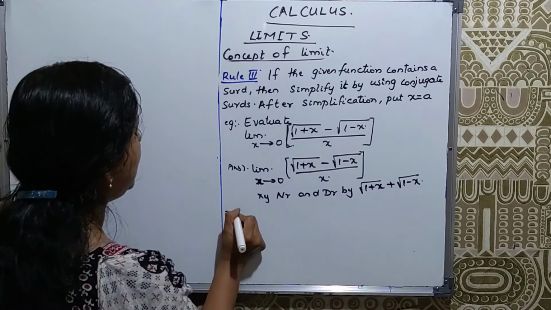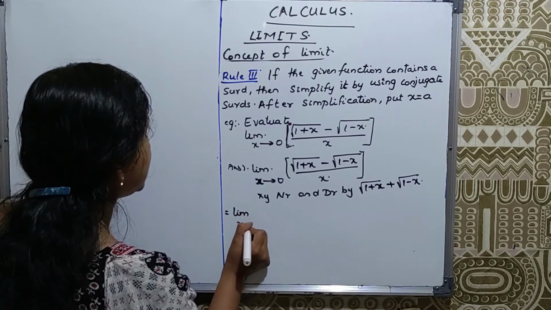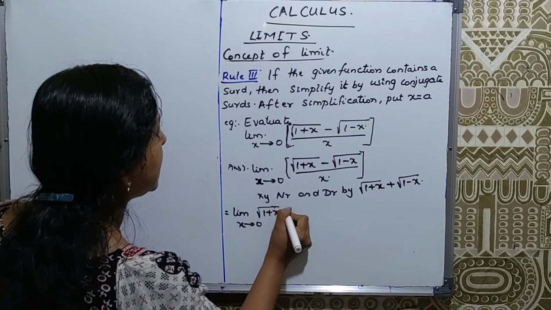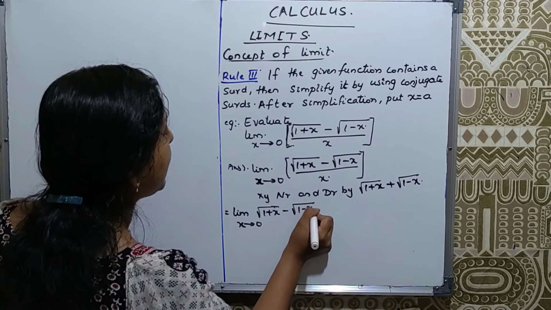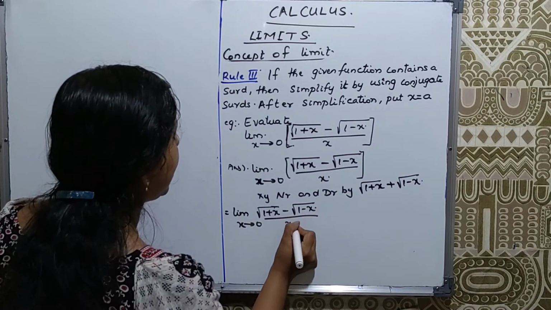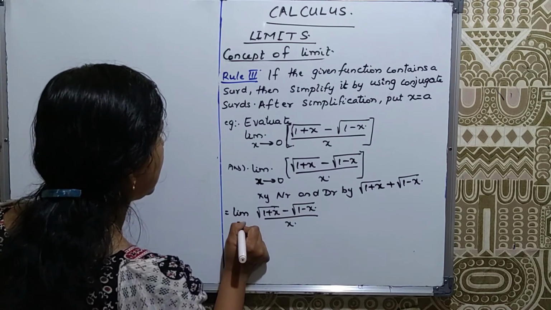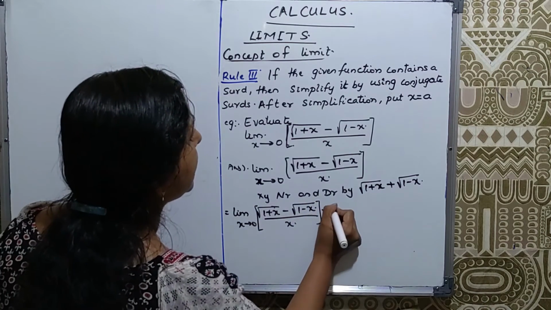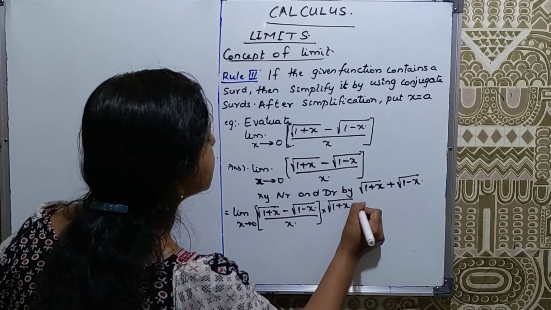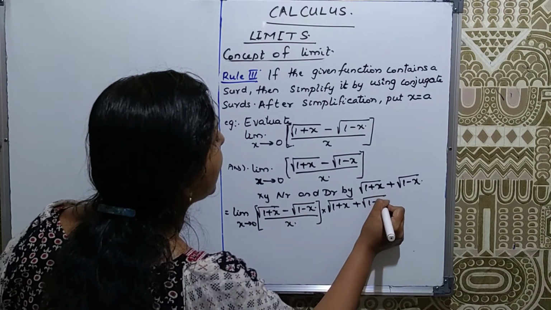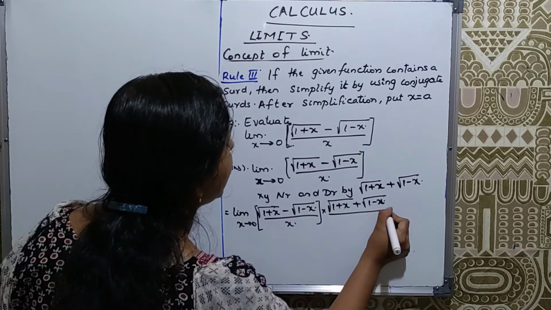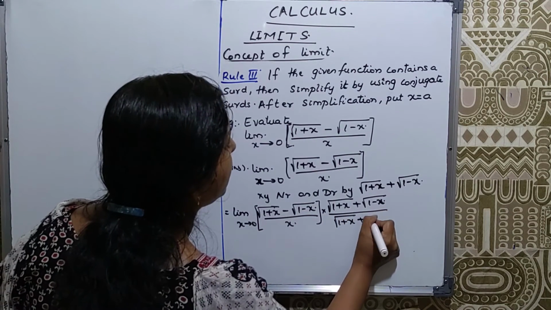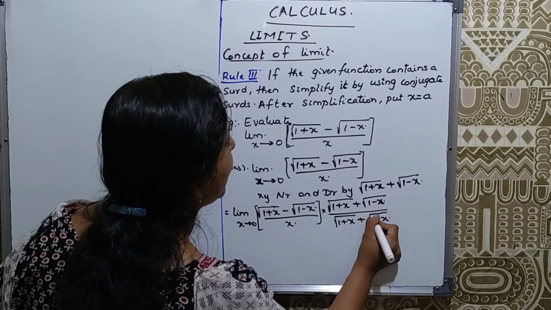So it will be equal to limit x tends to 0, (root of 1 plus x minus root of 1 minus x) whole divided by x into (root of 1 plus x plus root of 1 minus x) divided by (root of 1 plus x plus root of 1 minus x).